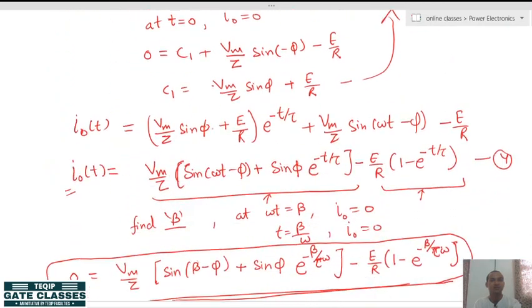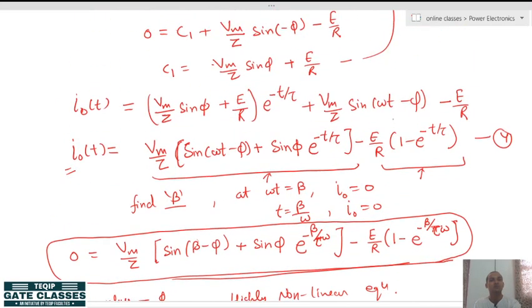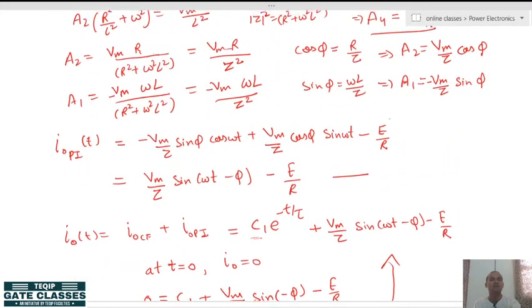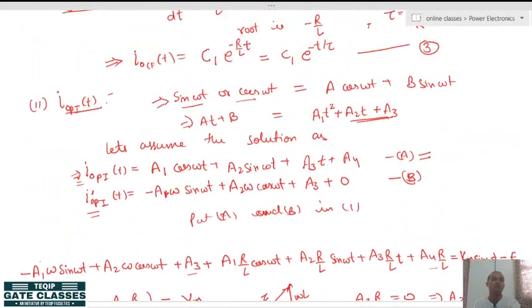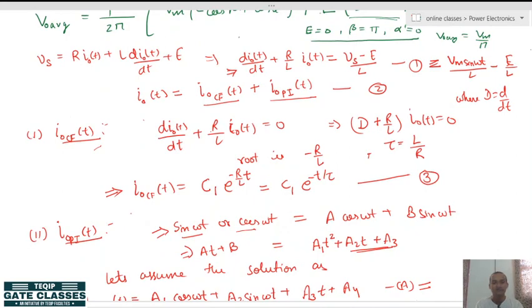But please note one thing: do not make E equal to 0 in this equation, because your outcome will be wrong, as it will make the complete exponential term 0. Rather, analyze the circuit and write down all the circuit equations from the beginning, and then find the complementary function part and the particular integral part, just like here.